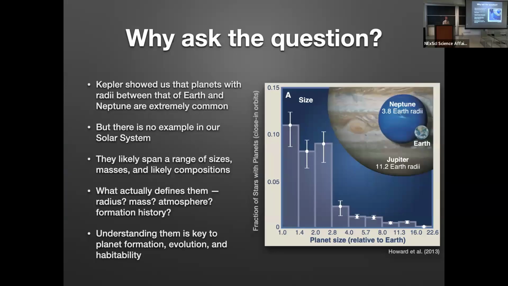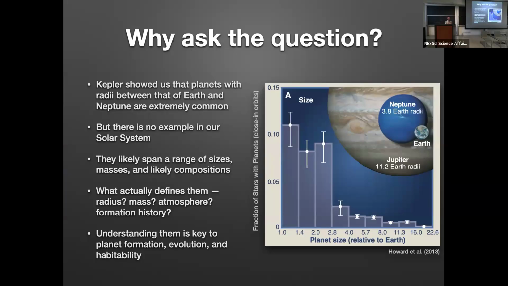So let's start with some motivation. Kepler showed us that planets smaller than Neptune, between the sizes of Earth and Neptune, are extremely common. They're about an order of magnitude more common than their larger counterparts, the giant planets that Brendan was just talking about. But we have no example in our own solar system, obviously.